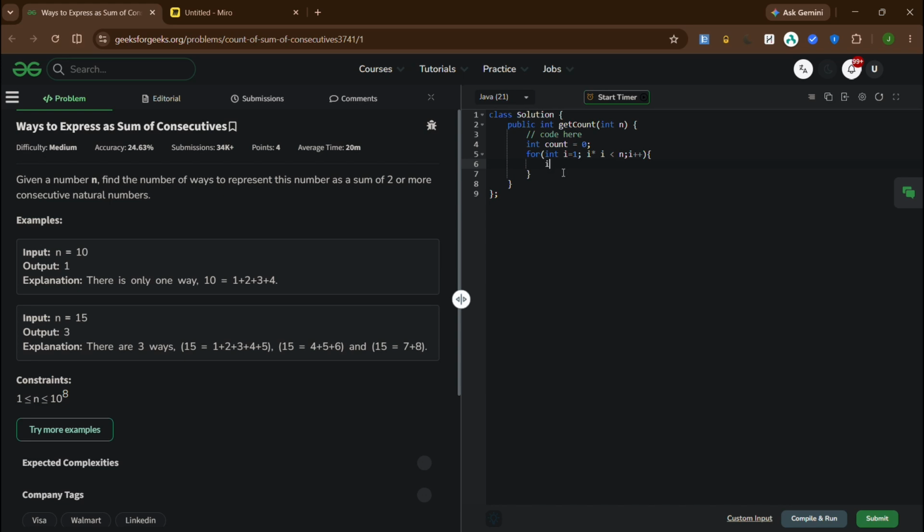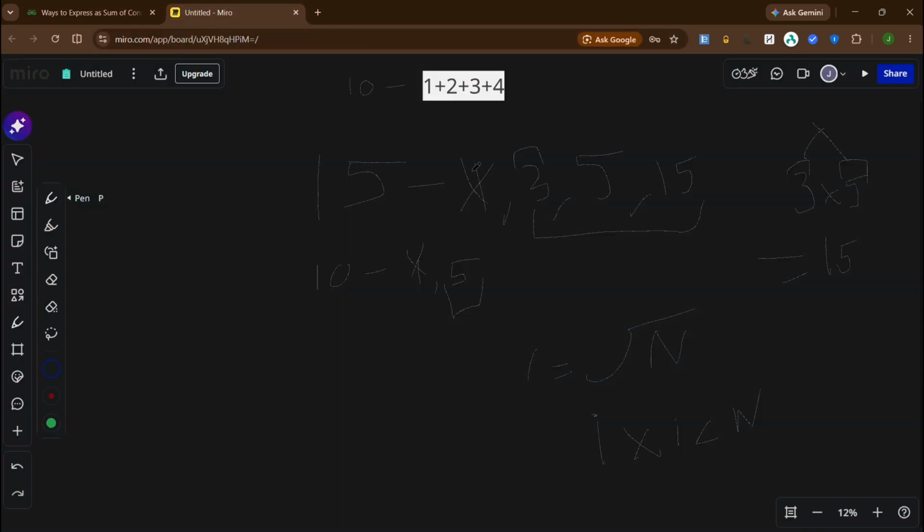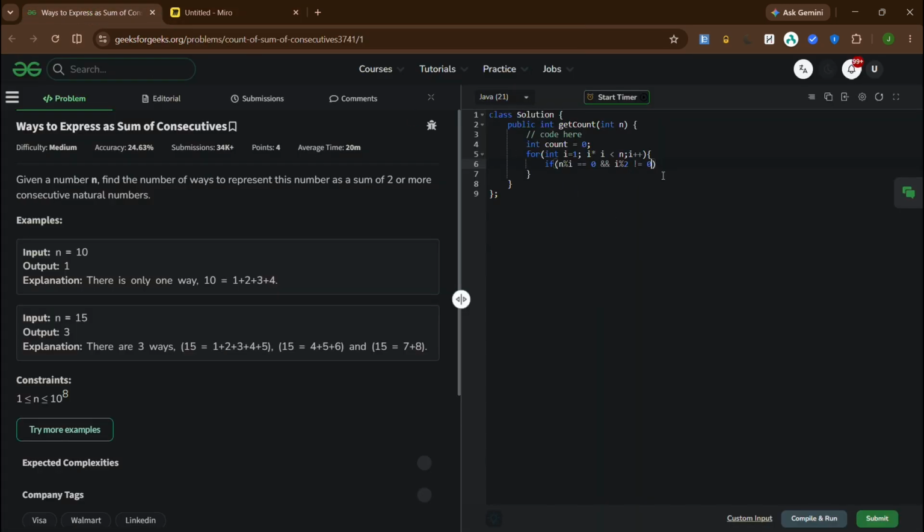Now the condition is that it should be a factor of n. So n mod I, the remainder should be equal to 0, and the number itself should be odd, so I mod 2 is not equal to 0. And as we saw, 1 cannot be included, so I should not be equal to 1.